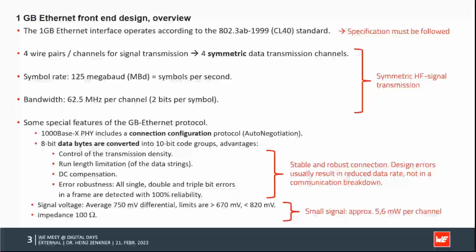The signal voltage is 750 millivolts differential at 100 ohms, which gives approximately 5.6 milliwatt per channel. So it is a quite small signal, meaning the signal to noise ratio, if noise is coupled in via the cables, is not too large.